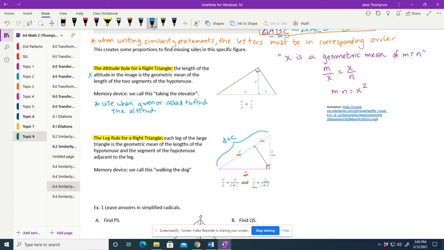If I need to use the altitude or I'm asked to find the altitude, I'm going to use this rule called the altitude rule for right triangle, or taking the elevator. And you can start from either side when you do this, it doesn't matter. And that'll make more sense when we look at it in more detail.